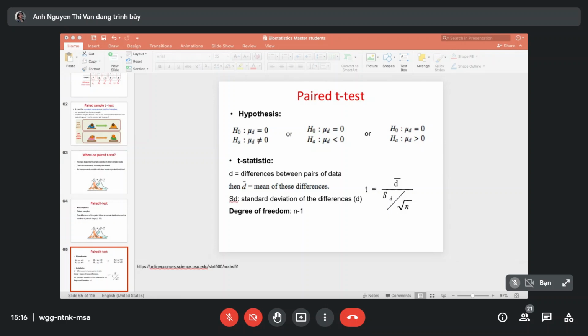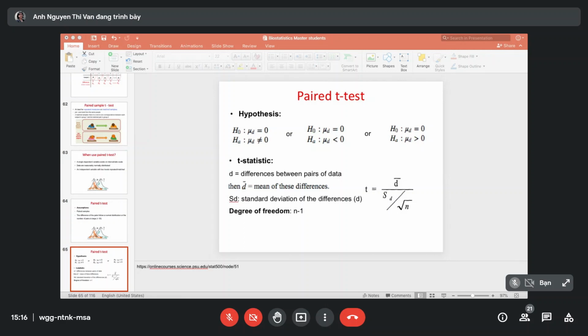So is it one tail or two tails? I think it's one tail. Yes, it's one tail. So the cases μD less than 0 or μD higher than 0 are one-tail tests, and μD different from 0 is the case for two tails.